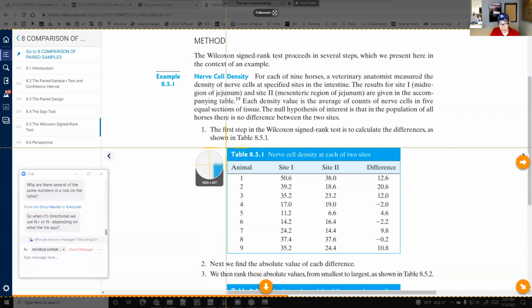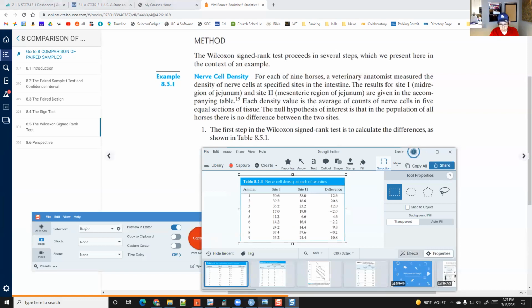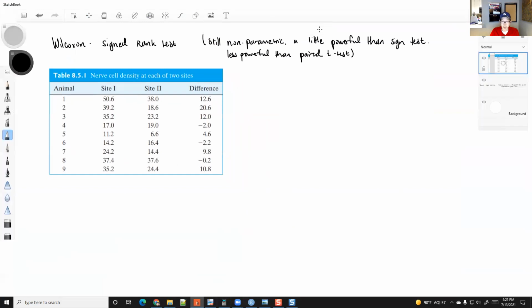So this is a paired scenario. Two measurements from the same subject, and we basically calculate a column of differences.